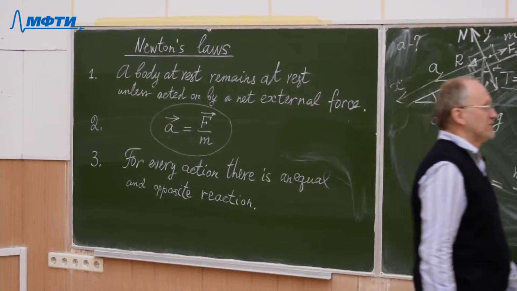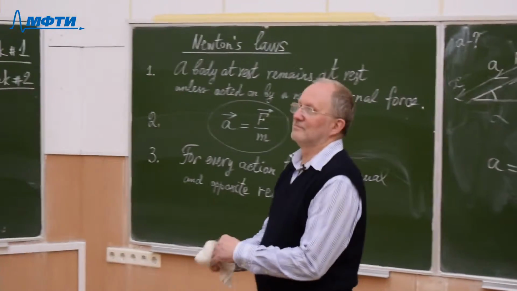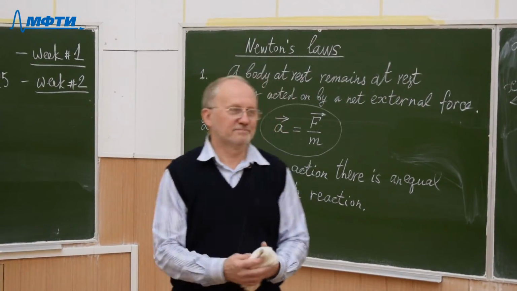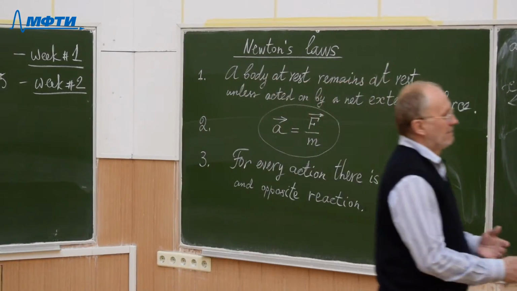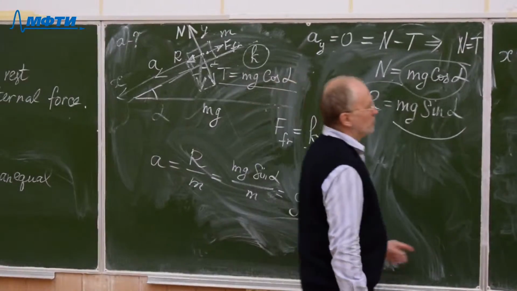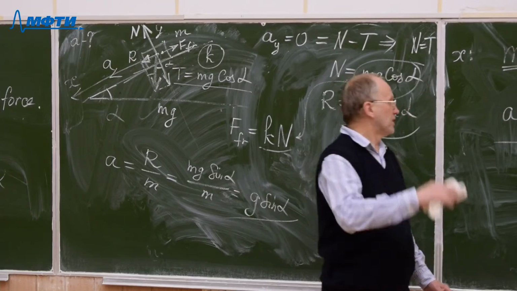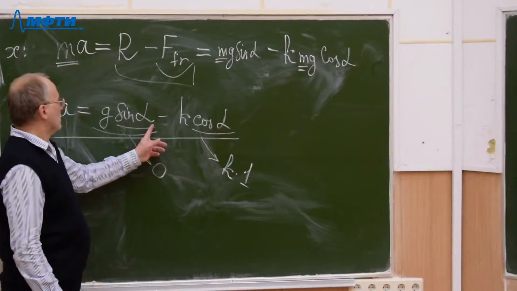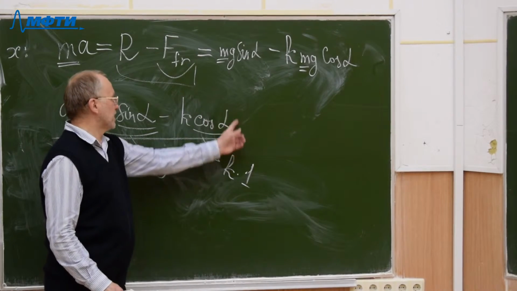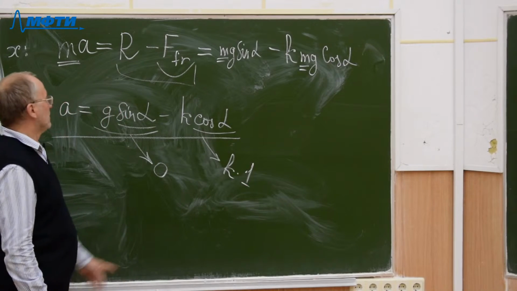Why do we obtain the absurd result? Who knows? If angle alpha, I repeat, is very small, meaning the surface is almost horizontal, then this formula will give you 0 for the first term and k for the second term, because the cosine of a very small angle is equal to 1.